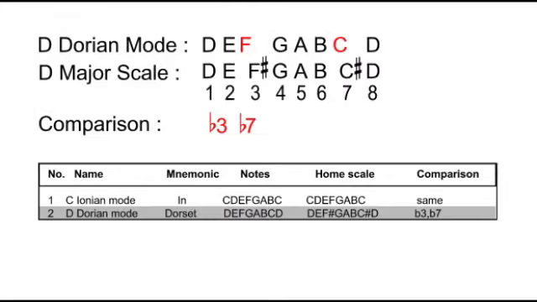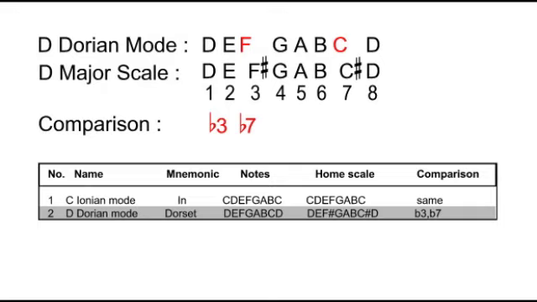For the next mode, the D Dorian mode, we compare the notes to the home scale of D major. You can see from the top of the picture that the Dorian mode has two notes that differ from the major scale. The third and seventh notes of the D major scale are both flatted to make the D Dorian mode.